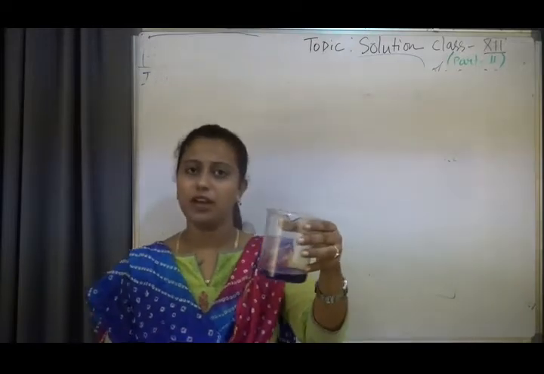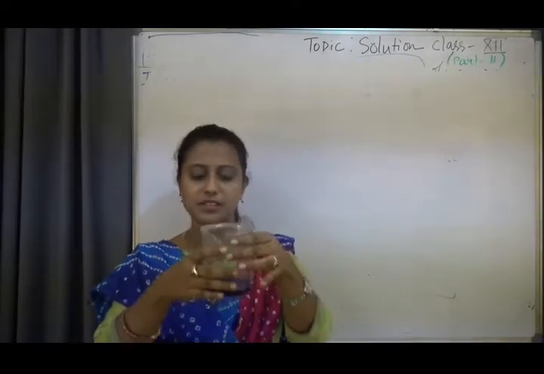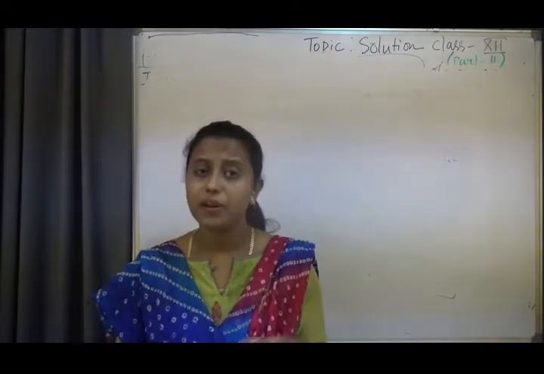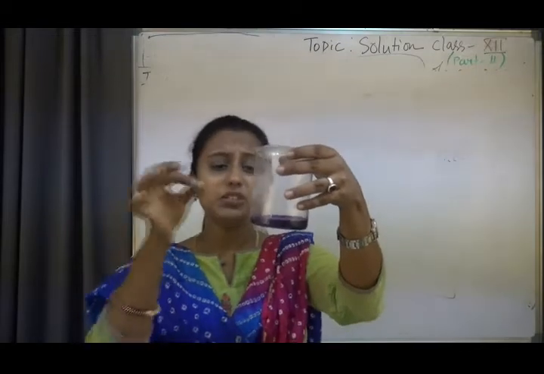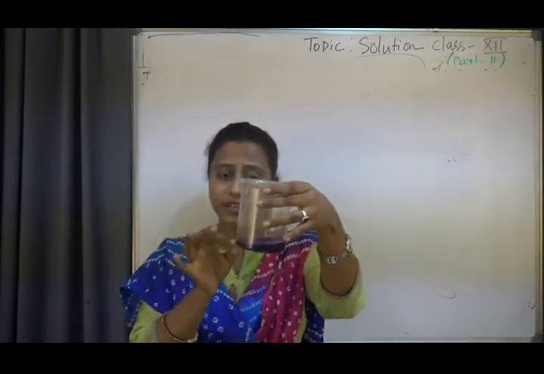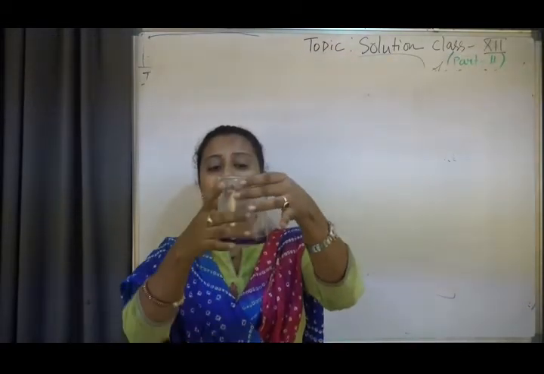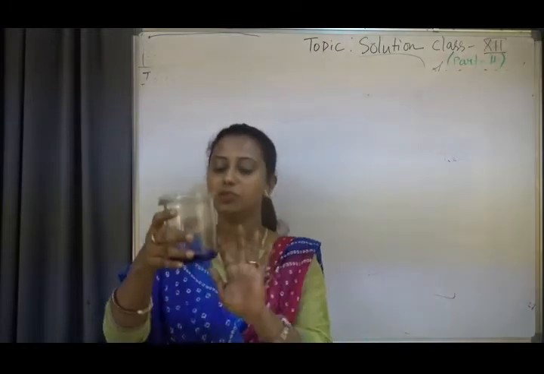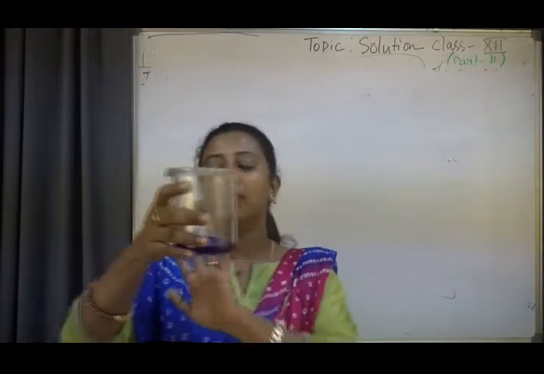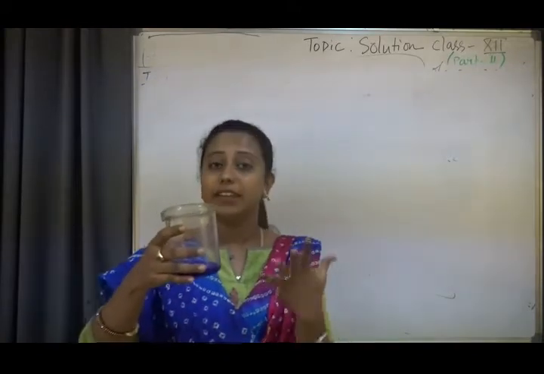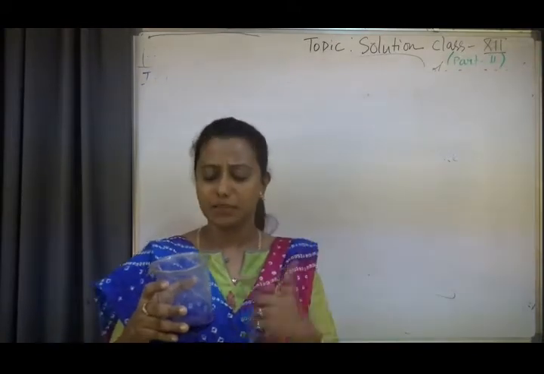All of you have learned this in previous chapters and classes. If you add a pinch or drop into the water, the whole water will turn violet in color. Here the color is blue, but assume the whole water will turn violet. Why is that color imparted?